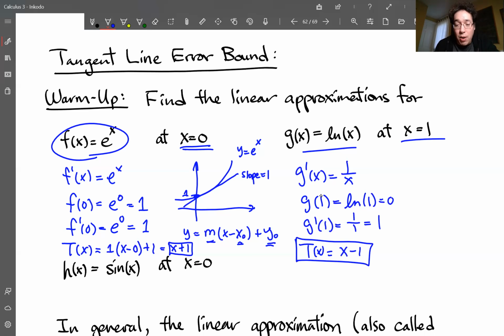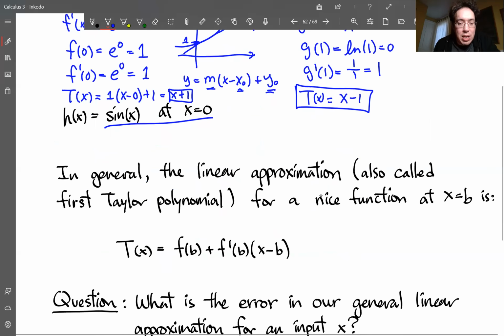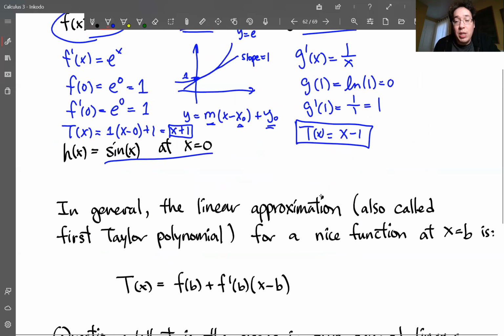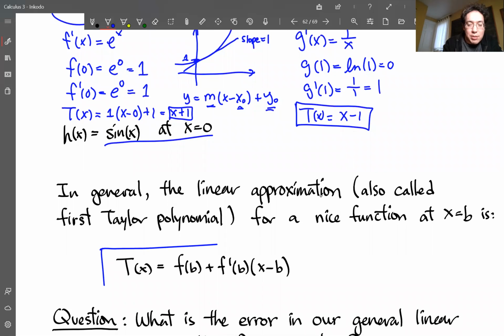Okay. All right. So if the process made sense to you, I want you to try doing the tangent line of sine at x equals 0 as well. But let's move on. So in general, linear approximation, also called the first Taylor polynomial, and a line is a polynomial, technically. If you want a tangent at x equals b, this is the formula we could use to get that.